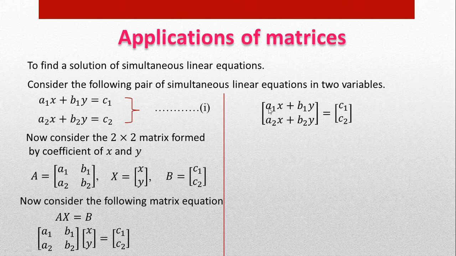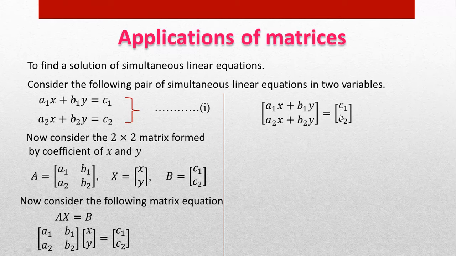So see here, it is a1x plus b1y, how will you get that? By multiplying first row into first column, we get a1x plus b1y. Then second row into first column, we get a2x plus b2y. So overall this is the product of A and X, and it is equal to the matrix B as it is. So the right hand side is kept as it is.